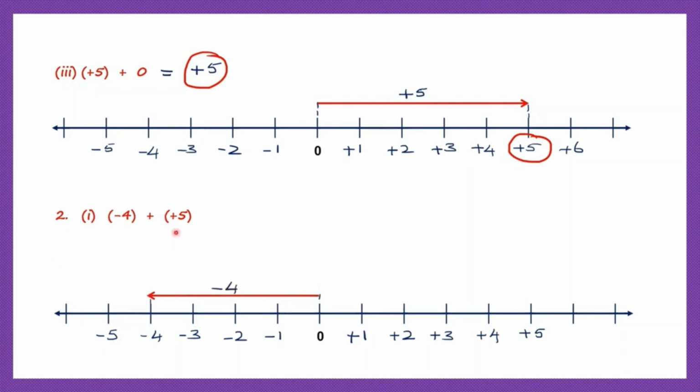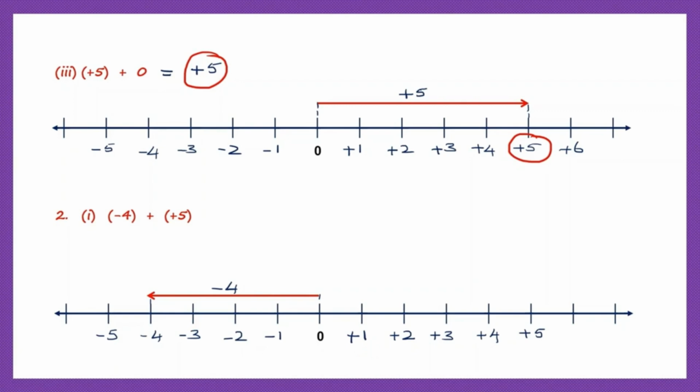Now let's look at the next integer. It's plus 5. That means wherever you have stopped, from there you have to move 5 steps to the right. Right, because it's a plus sign and 5 steps. So from minus 4, we're going to move 5 steps to the right. Let's see that. 1, 2, 3, 4, 5. We are coming up to plus 1.